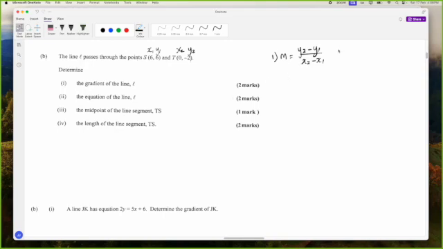So now m is equal to y2, use your brackets, y2 is minus 2 in brackets, minus y1, all over x2, which is 0, minus x1.